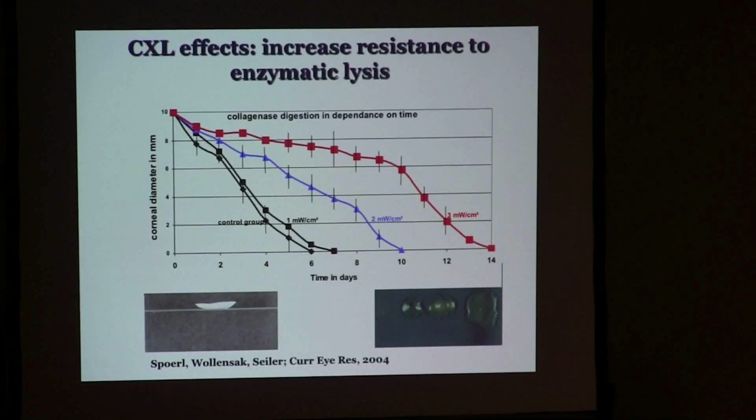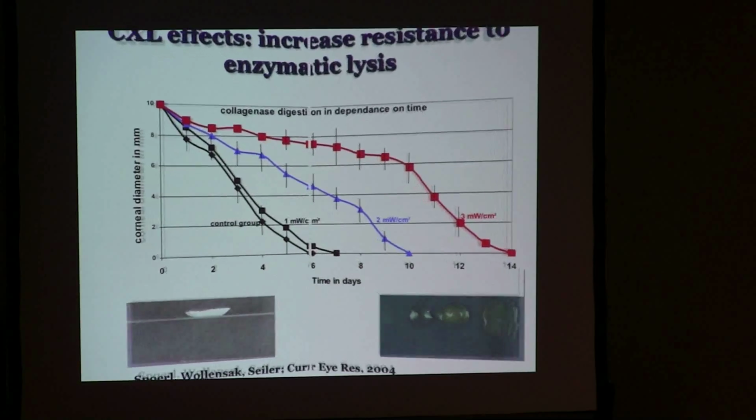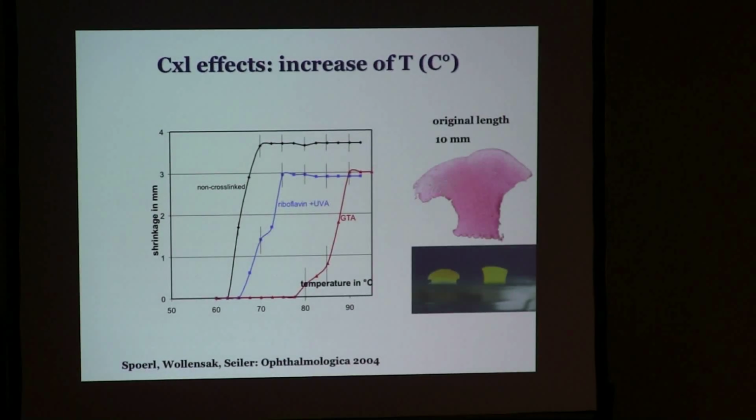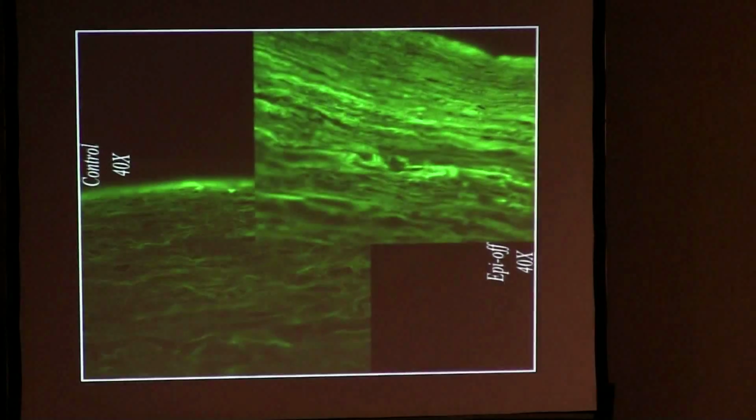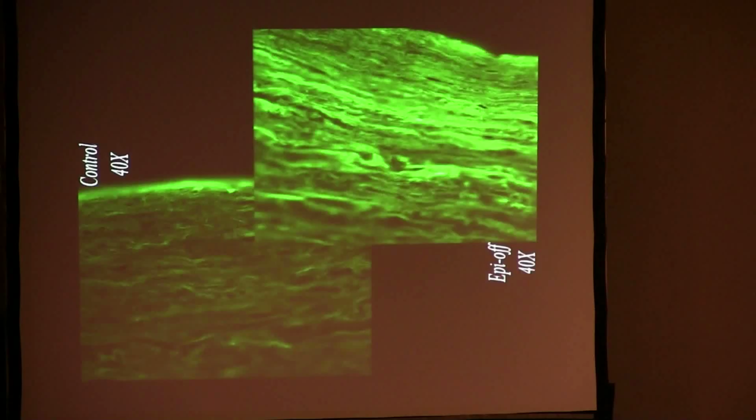We have increased resistance to enzymatic lysis. We have also an increase of denaturation temperature. And this is what really happens in a real cross-linked cornea. You can see the compaction of the anterior lamella with respect to the control. And this is the real effect.